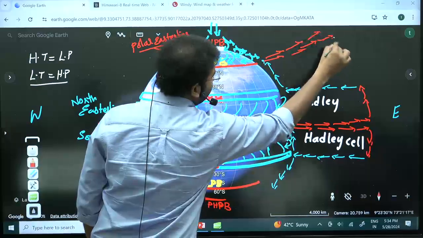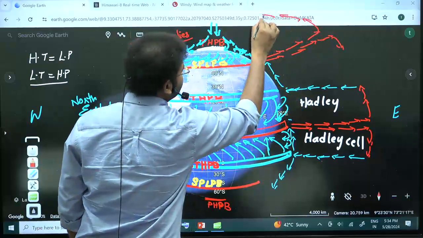Once they rise, they diverge on either side.